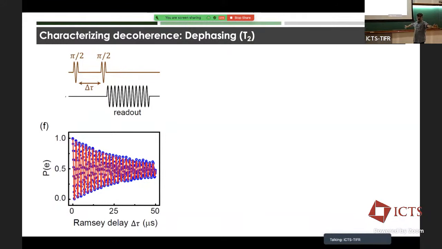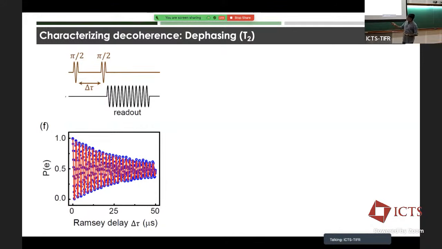And that pulse is going to rotate in the same direction, which means this went to 1, but that now goes back to 0. So if you wait a time which is exactly half the period, you will come back to the ground state. And for all other values in between, you will end up in some other superposition, which varies continuously sinusoidally. And that's why you get sinusoidal oscillations.